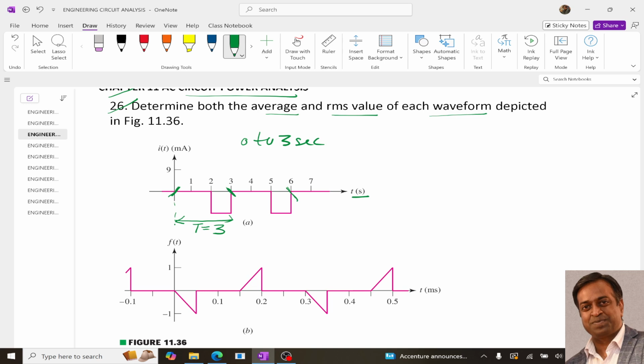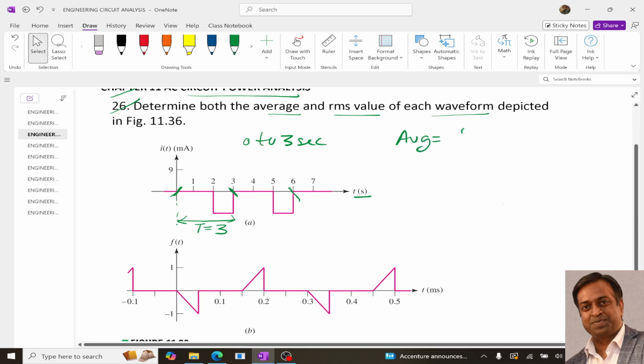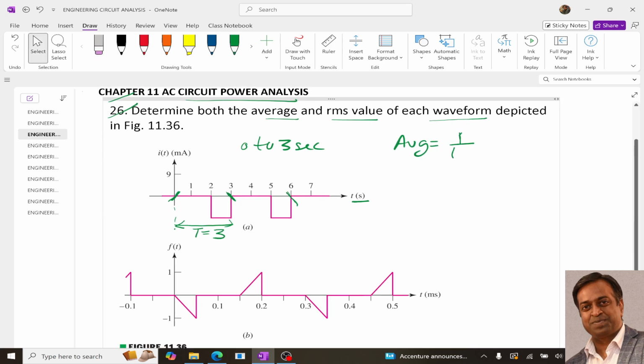Now when we talk about the average value, the general formula is 1 upon T2 minus T1, times the integration from T1 to T2 of the signal, let it be i(t), dt.